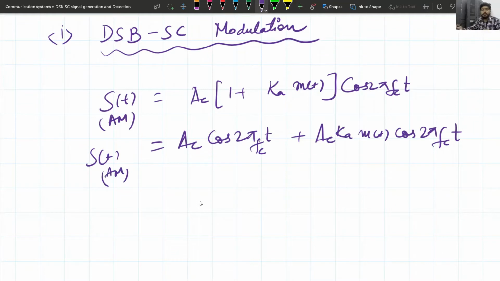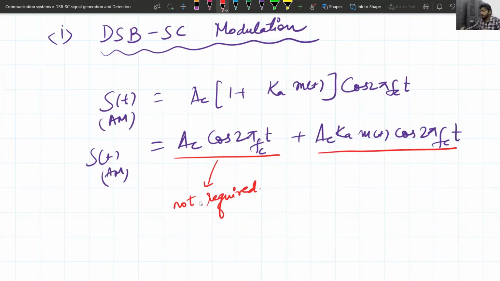So this is the equation for the amplitude modulated wave. Now, as we know, this component of the amplitude modulated wave is not required. All we are interested in is that component of the wave which contains the message signal.